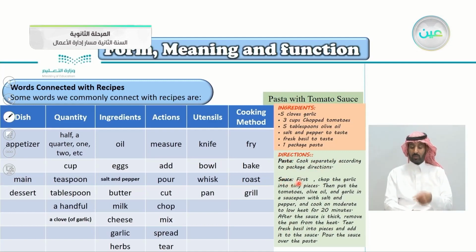The sauce: first chop the garlic into tiny pieces, then put the tomatoes, olive oil, and garlic in a saucepan with salt and pepper, and cook on moderate to low heat for 20 minutes. After the sauce is thick, remove the pan from the heat, tear fresh basil into pieces, and add it to the sauce.